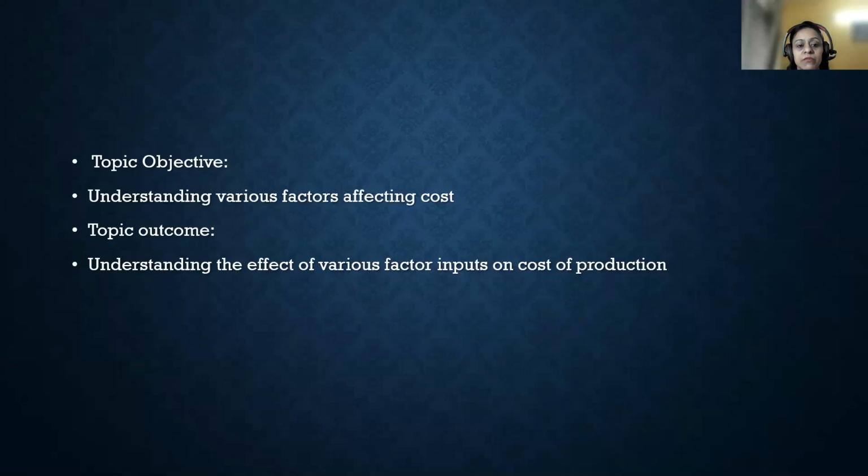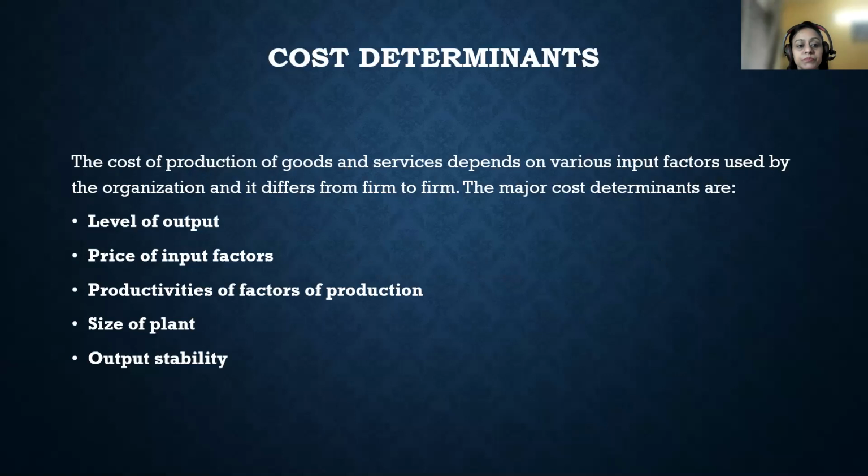In our class today, we are going to have an understanding of various factors affecting cost. At the end of the class, students would have an understanding of the effects of various factor inputs on the cost of production.